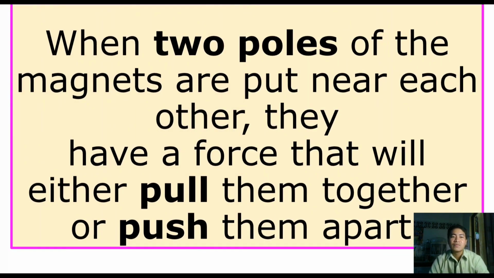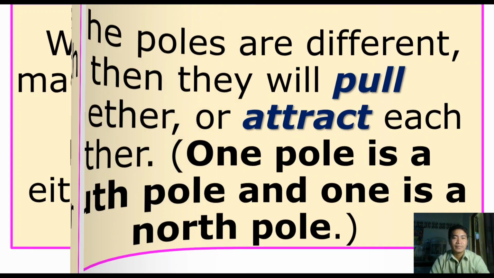When two poles of magnets are put near each other, they have a force that will either pull them together or push them apart. So if the partner of the north is the south, they are going to pull together. But if the partner of the north is also the north pole, it will push them apart, and also for the south and the south pole.